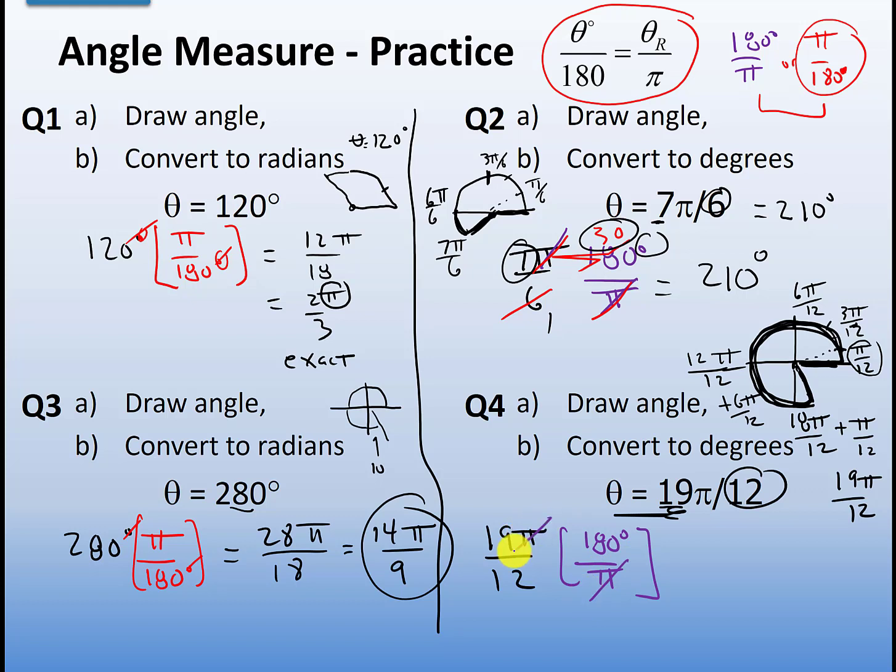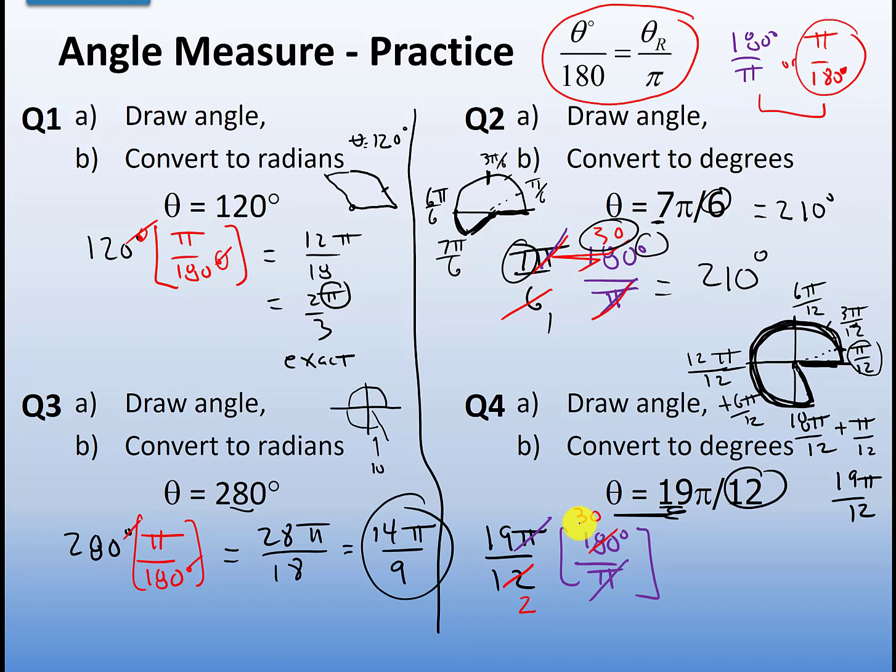And it turns out that if we take 180 and divide it by 12, it doesn't go in perfectly. But I could divide by 6. So if I divide by 6, I get 2. And if I divide by 6, I get 30.